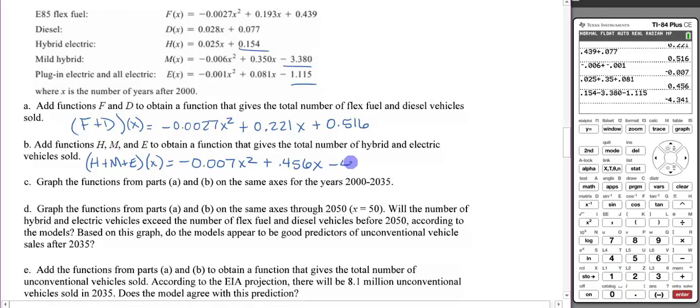That gives me a negative 4.341 as my constant.